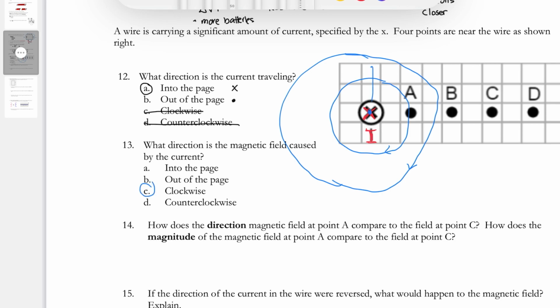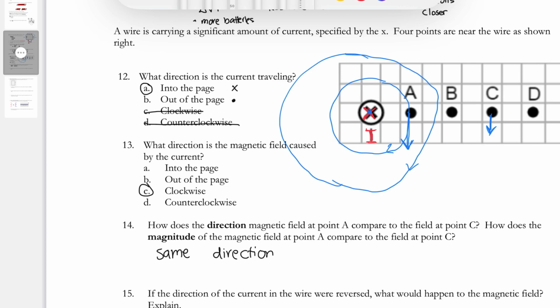So if you imagine a 12 and a 1 on a clock, clocks go this way, clockwise. A and C are both going to have the same direction field. In fact, A's field would be strongly pointing down, but C's field would be just weakly pointing down. The direction will be the same, but the magnitude will be different.